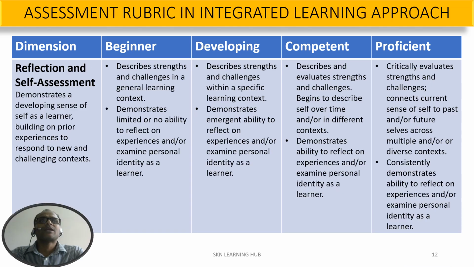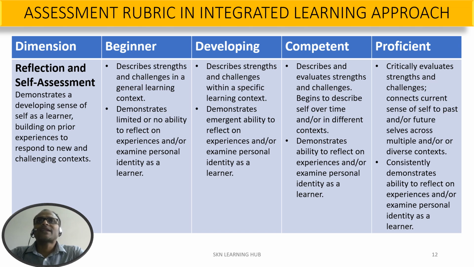The fourth dimension is reflection and self-assessment. The learning outcome is: demonstrates a developing sense of self as a learner, building on prior experience to respond to new and challenging contexts. Students who describe strengths and challenges in a general learning context and demonstrate limited or no ability to reflect on experiences and/or examine personal identity as a learner will be assessed as beginner.